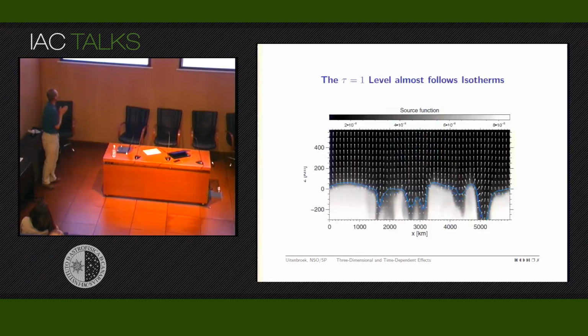And here is now the source function at a continuum wavelength, and drawn in blue is the optical depth unity for that wavelength. The arrows indicate the direction of the radiation. And you see that where the intergranular lanes are, there is significant horizontal contribution of radiation. And therefore there is significant possibility of the source function being influenced not only by what is below it, but also what is beside it.